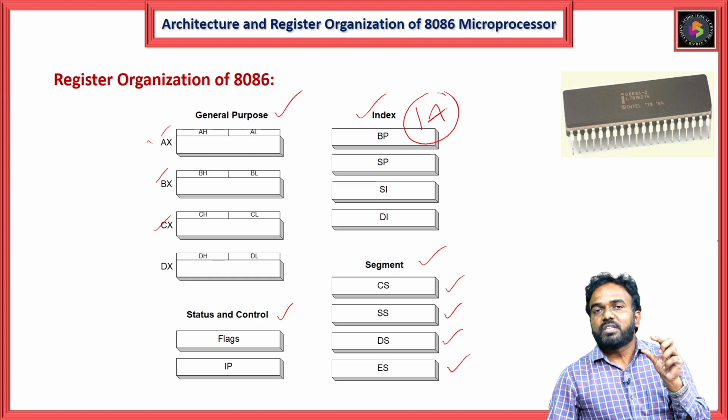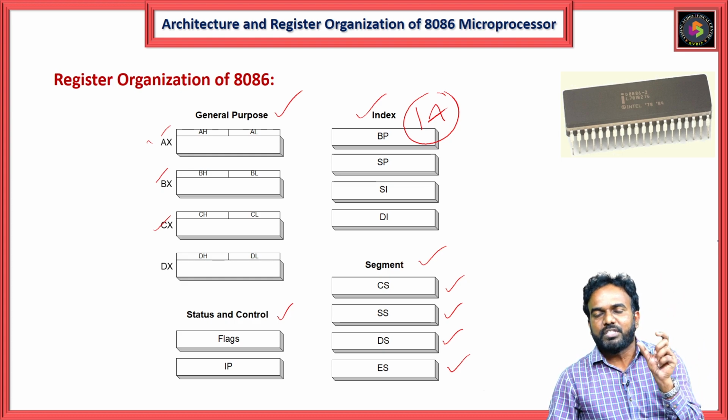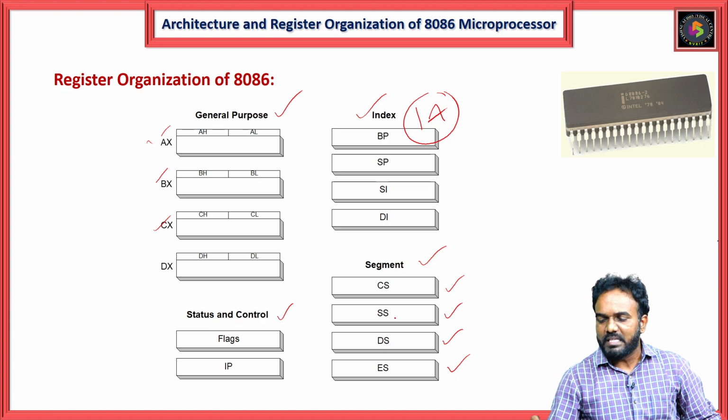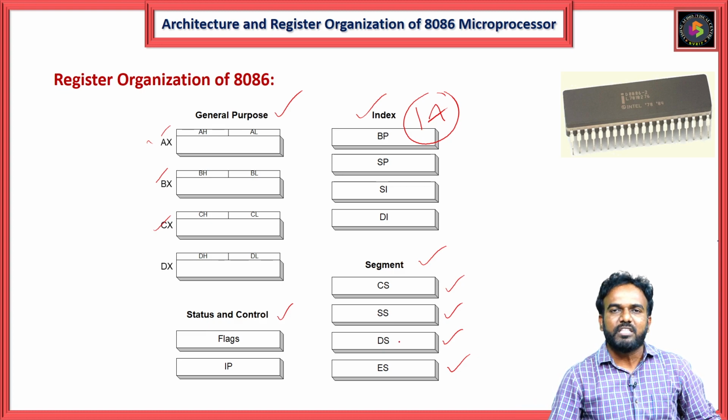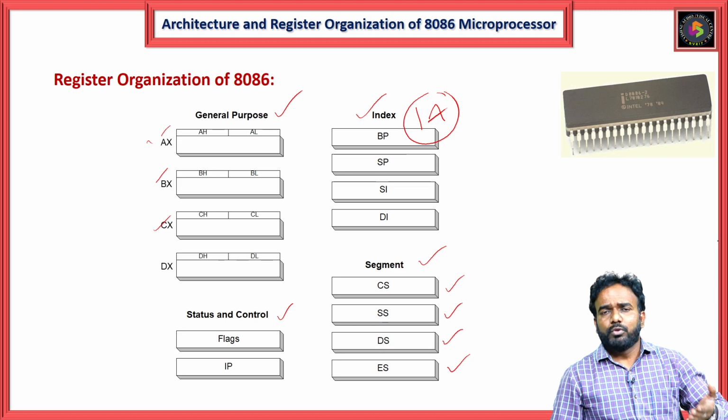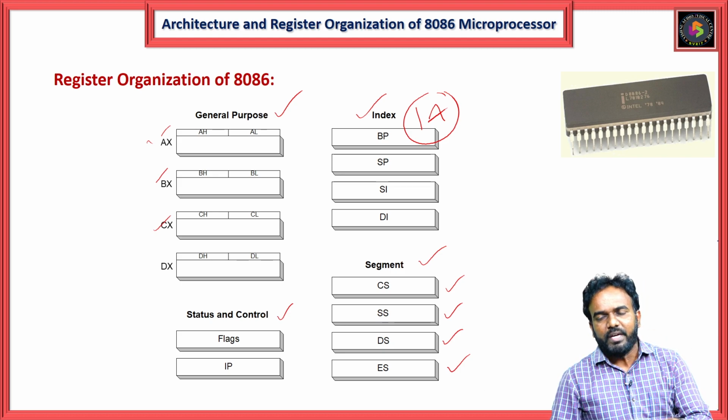To store the starting 16-bit address of each segment, we use CS for the code segment, SS for the stack segment, DS for the data segment, and ES for the extra segment. In every memory operation, the microprocessor uses two different addresses: one is the offset address, and the other is the segment address, which you can also call the base address.